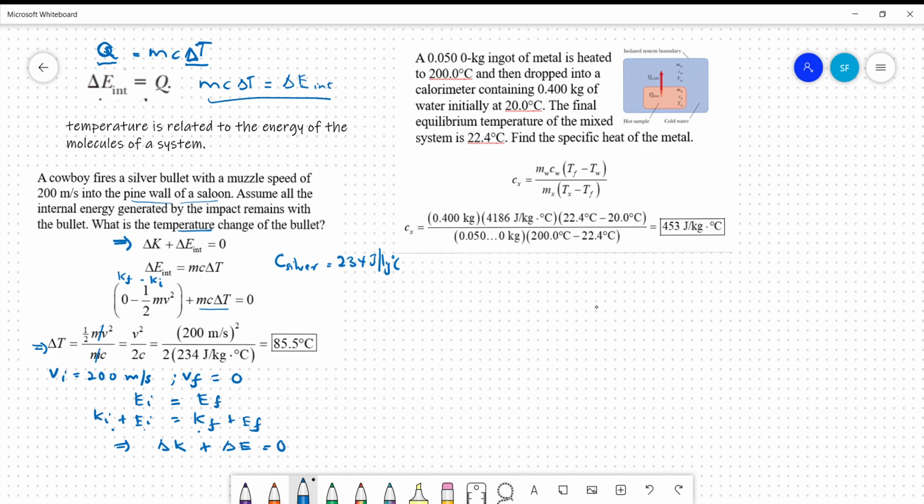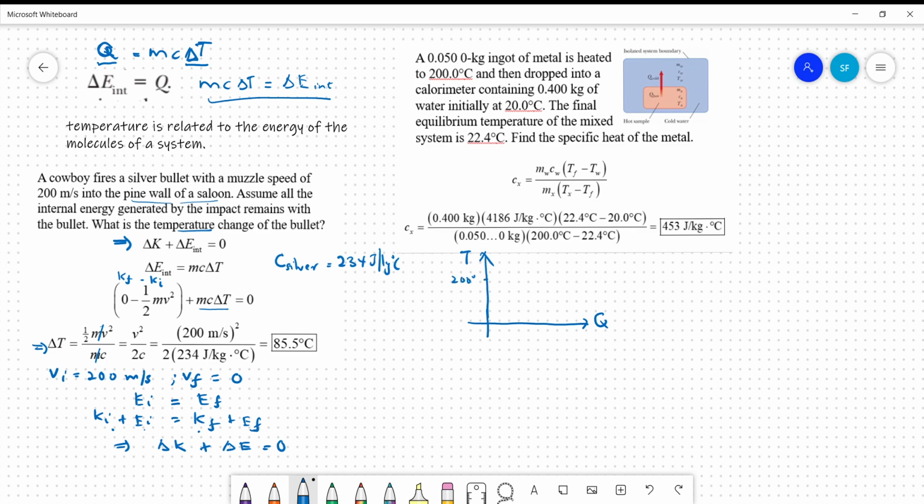Next example. A 0.05 kilogram ingot of metal is heated to 200 degrees Celsius and then dropped into a calorimeter containing 0.4 kilogram of water initially at 20 degrees Celsius. In this question, you may also plot a graph like this, temperature T against Q, the energy added. The ingot is initially at 200 degrees Celsius.